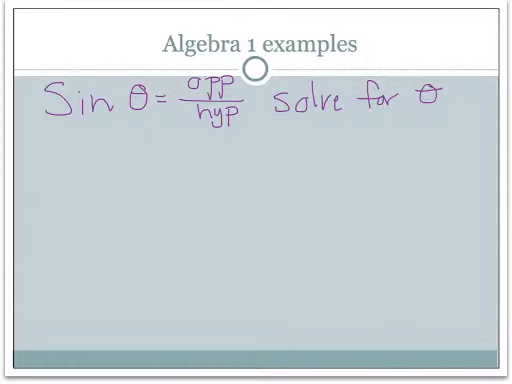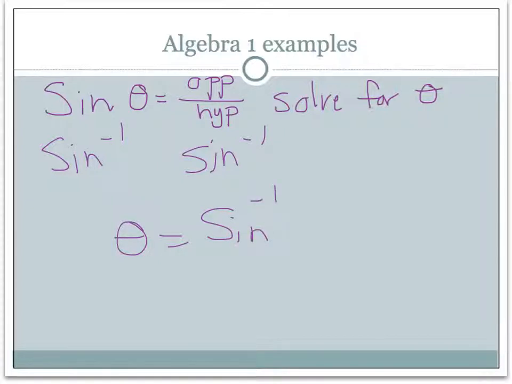If you remember from previously, we talked about the inverse functions. Simply all we have to do is take the inverse sine of each side, or sine to the minus 1. So that leaves me theta equals sine to the minus 1 of the opposite side divided by the length of the hypotenuse.